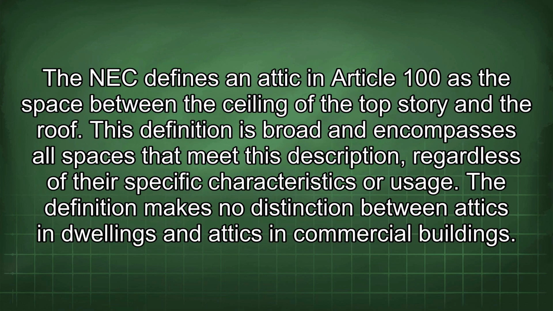The NEC defines an attic in Article 100 as the space between the ceiling of the top story and the roof. This definition is broad and encompasses all spaces that meet this description, regardless of their specific characteristics or usage. The definition makes no distinction between attics in dwellings and attics in commercial buildings.